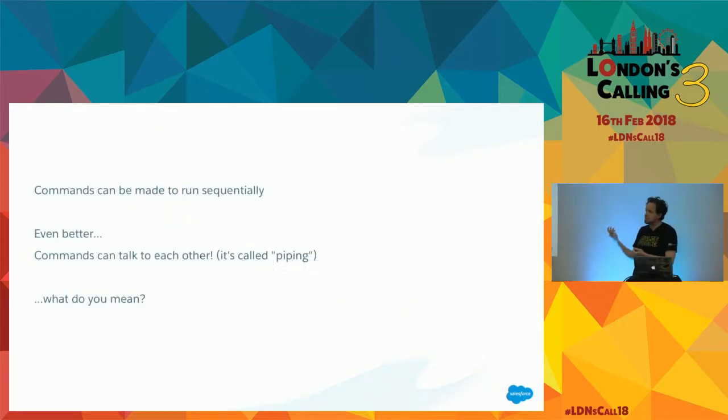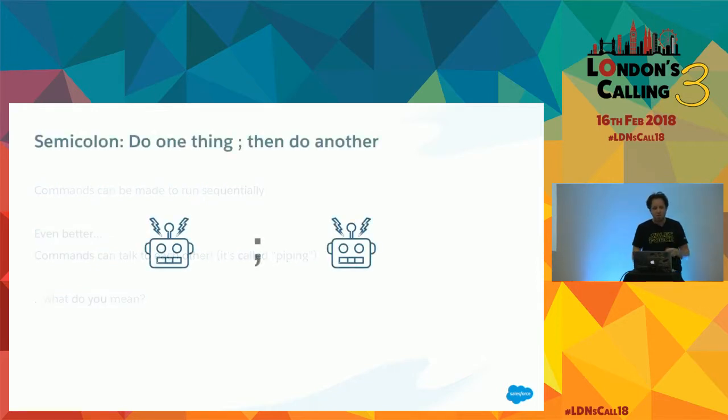You can even get them to run sequentially. I want one thing to happen and then the next. And I can make it so that when the one thing happens, it passes the data to the next thing. And that starts to be where it's really powerful. So if I want thing one to happen and then thing two, I separate it by a semicolon.